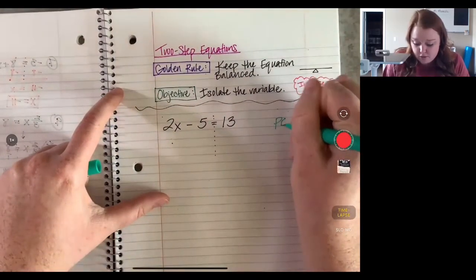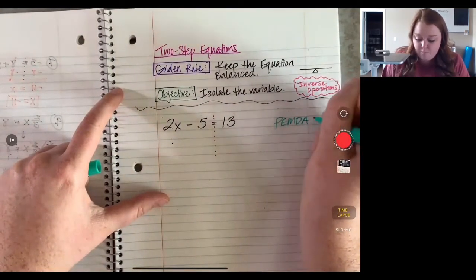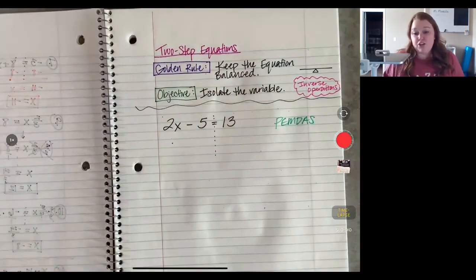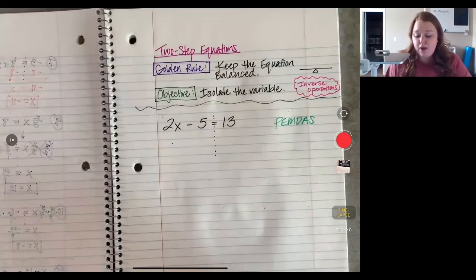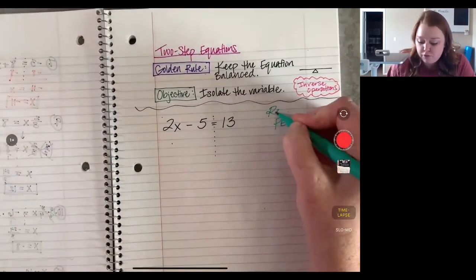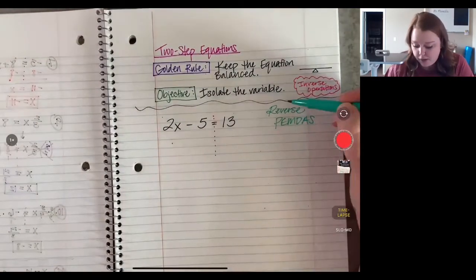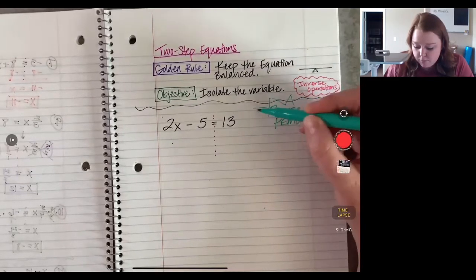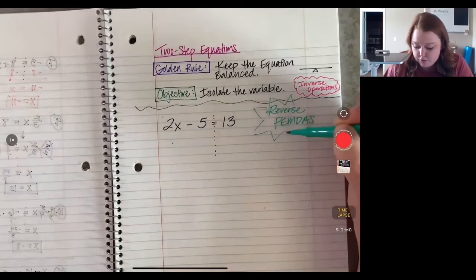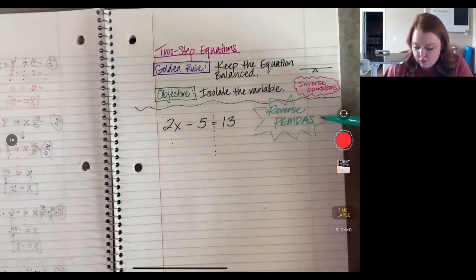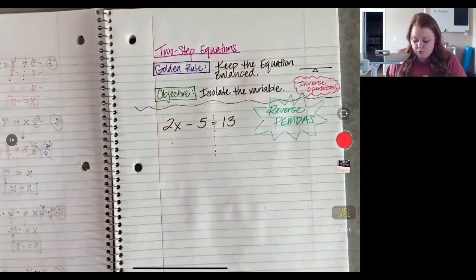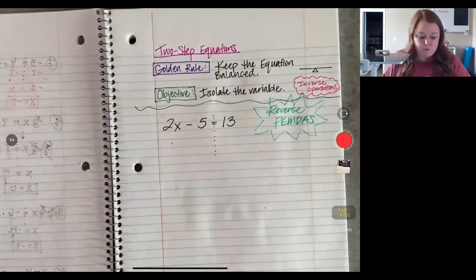But when you're solving for an unknown amount, you actually use reverse order of operations, or reverse PEMDAS. Okay, so maybe make that stand out in your notes. So we kind of do reverse order of operations.